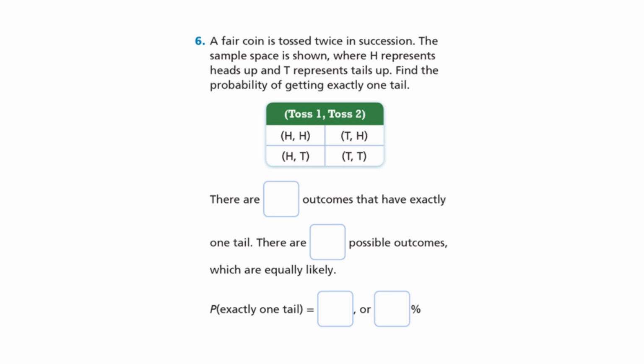So we want to set up our fraction with what we want to have happen, and then possible outcomes on the bottom.